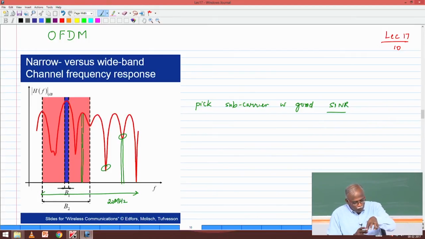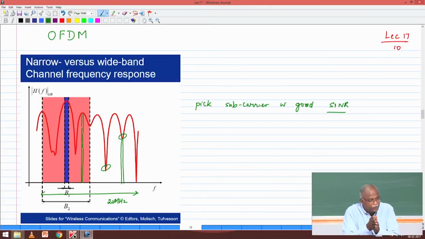Now if I move from one position to another position, my multipath profile changes, the multipath components change. So at each position that I am likely to find myself in, there is a channel impulse response that is present. It is dependent on where I am located in terms of the multipath components. It is dependent on the carrier frequency, because that's what tells me whether it's going to be in a trough or not.